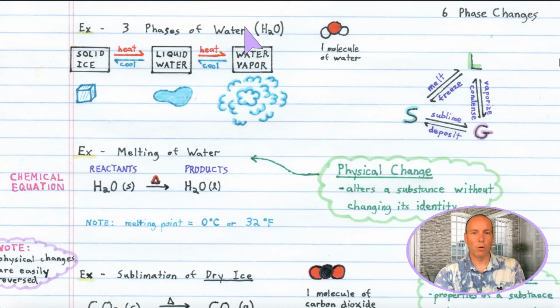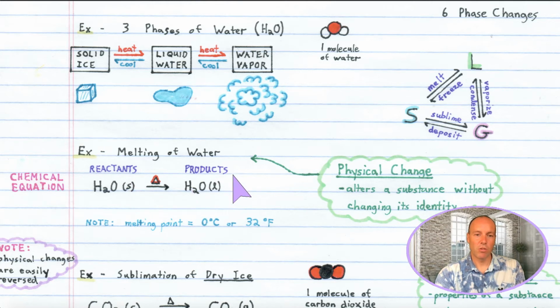If you know the chemical formula for the substance, in this case water is H2O, and you want to represent, say, the melting of water, well, in the chemical equation that describes the melting of water, you have the material that you start with on the left. This is your reactant material. So when you're melting water, you're starting with solid water. That would be H2O(s), for solid, in parentheses.